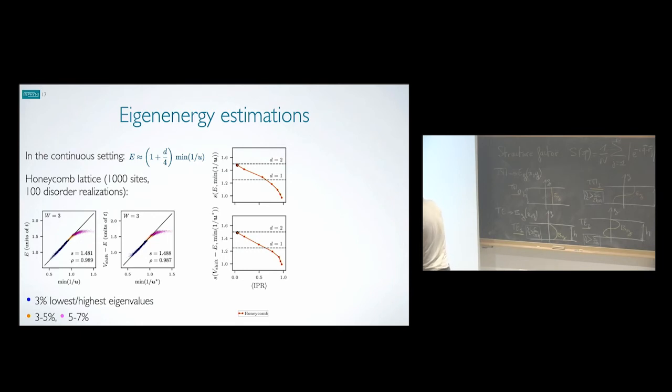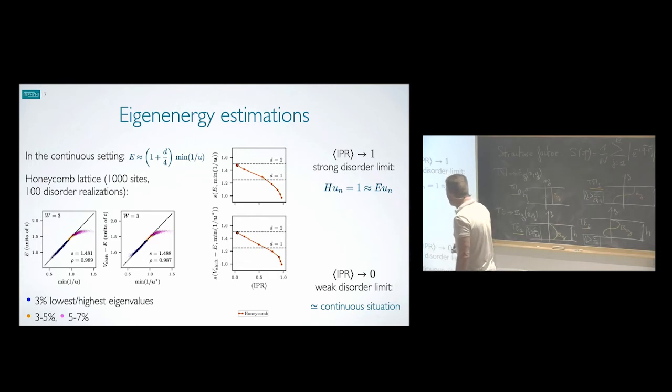This point is the situation shown here. And for all these points, we obtain the same quality of proportionality with a slope which, in the strong disorder limit, is close to 1, and it is not too complicated to guess this value, because in the very strong disorder limit, the eigenstates are localized on a single site. So we have essentially this relation, which means that 1 over u is proportional to the energy, and the slope is 1.